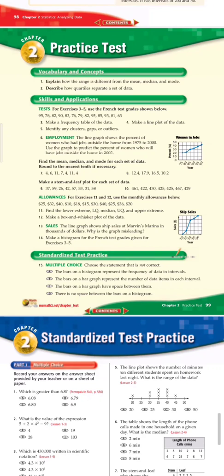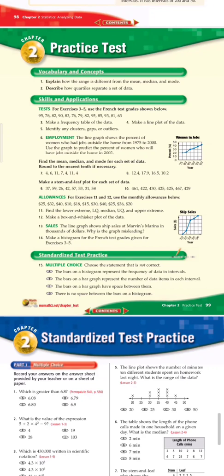Skills and applications. For exercises 3 to 5, use the French test grades shown below: 95, 76, 82, 19, 83, 76, 79, 82, 95, 85, 93, 81, 63. 3.